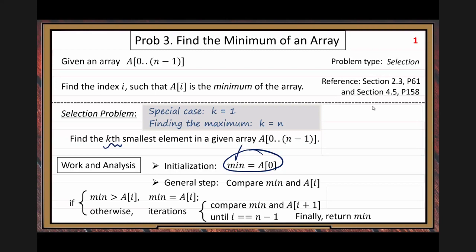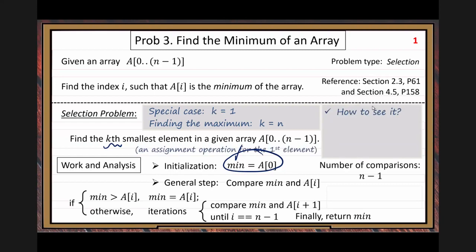Is it possible? That's the question. That's the main topic of this part. So how do you see? We just discussed that we do not count the assignment operation, we only count comparison.